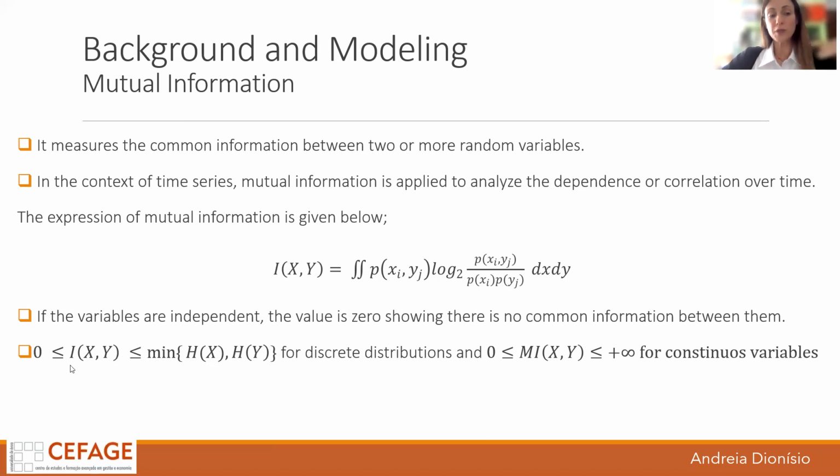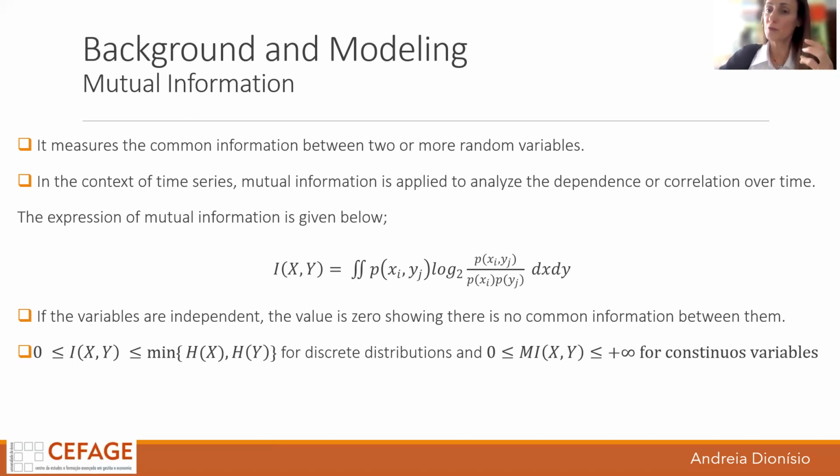And the mutual information will always remain between 0, the minimum value it can have, and the minimum between the entropy of each of the variables, if we have a discrete distribution. But in case of continuous distribution, the maximum value for mutual information is infinite. So when we have continuous variables, we don't have a maximum.